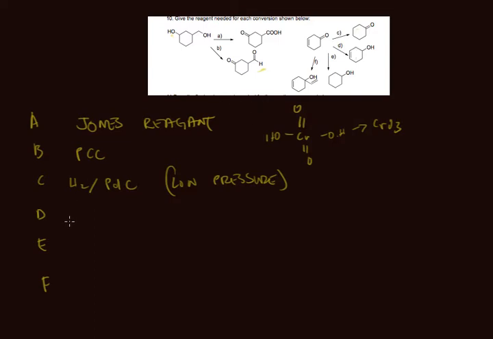So in D, it shows you reducing the ketone group to an alcohol without touching the carbon-carbon double bond. We've been talking for a couple weeks now about NaBH4, sodium borohydride, and lithium aluminum hydride, and those are both reducing agents. But they're more selective for carbonyl groups.